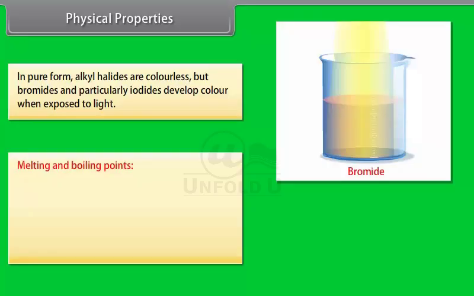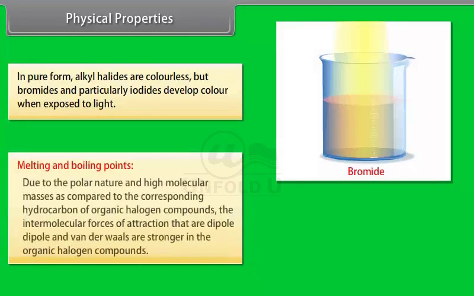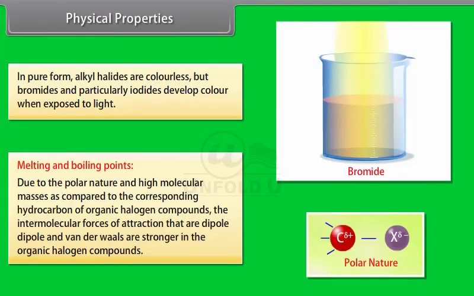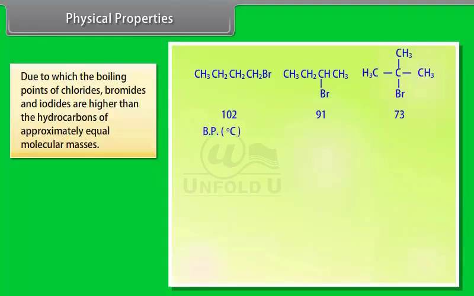Melting and boiling points. Due to the polar nature and high molecular masses of organic halogen compounds as compared to the corresponding hydrocarbons, the intermolecular forces of attraction, that is dipole-dipole and van der Waals, are stronger in the organic halogen compounds, due to which the boiling points of chlorides, bromides and iodides are higher than the hydrocarbons of approximately equal molecular mass.